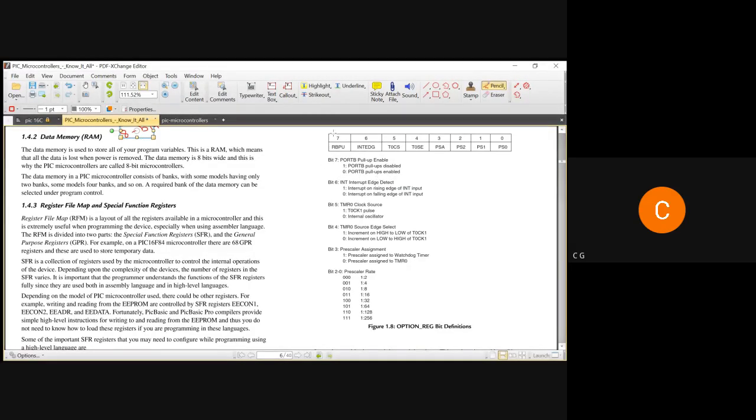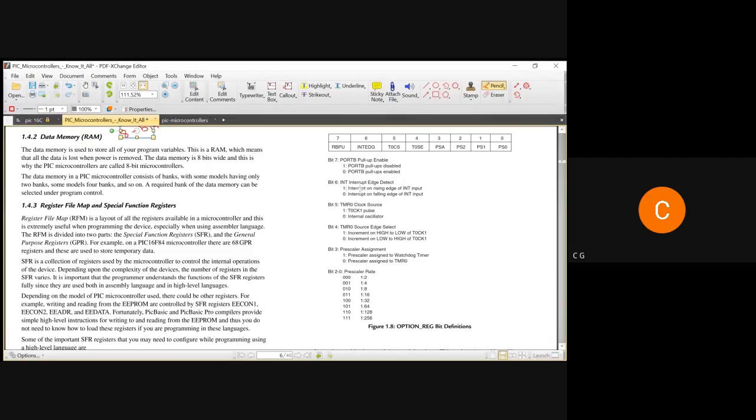The seventh bit, the value written in it: the name of the register or flag is port B pull up, and it can be enabled or disabled by storing a particular value. If it is 1, it is disabled. If it is 0, it is enabled.